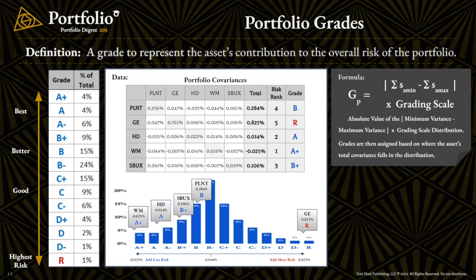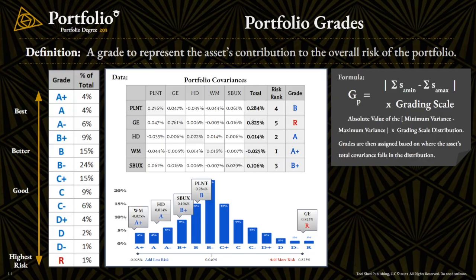You're still going to have an A and an R, but you want to have assets that are fairly evenly distributed. And if you have some that show up as a C or a D, just know that's not necessarily a bad thing. It just means that the asset is contributing more of the risk to your portfolio. And remember that risk in your portfolio is what's producing your return. So it's not necessarily a bad thing to have risk. It's just something that you need to be aware of so that you can manage it.